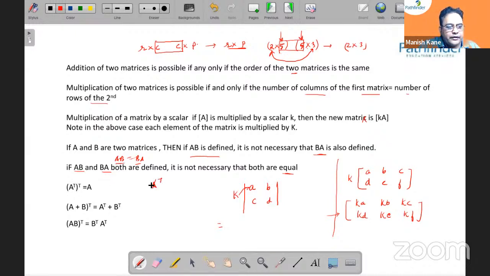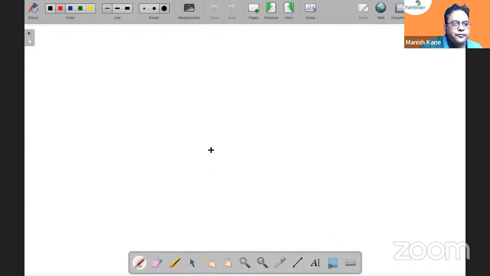This is not A to the power T, but it is the transpose of A. So what is the meaning of transpose of A? For any matrix, if I write it like this: A11, A12, A13, A21, A22, A23, A31, A32, A33.